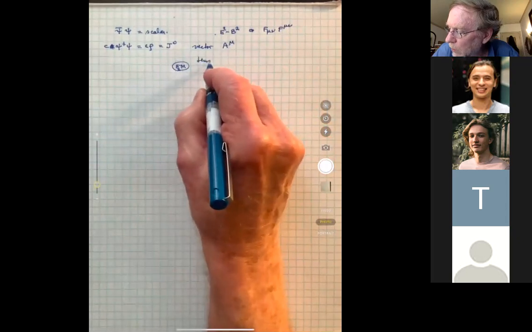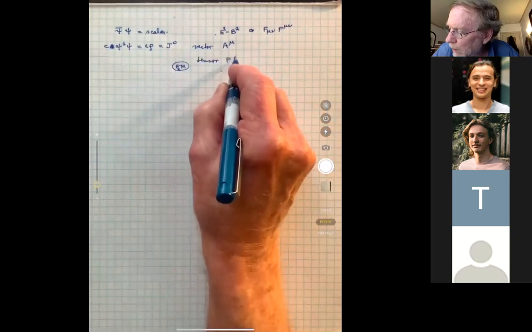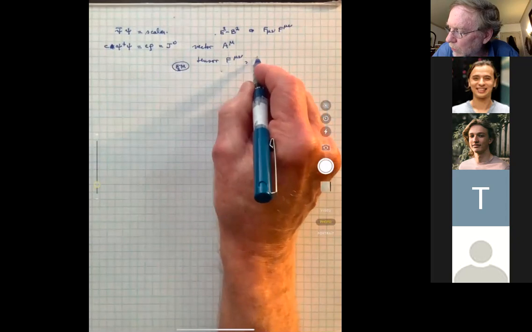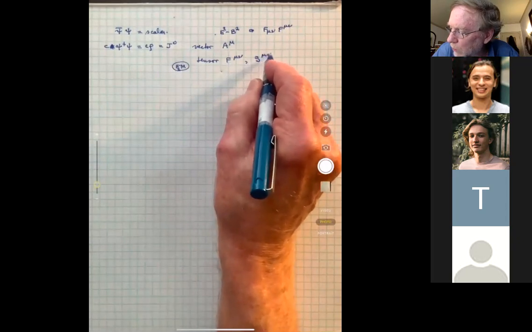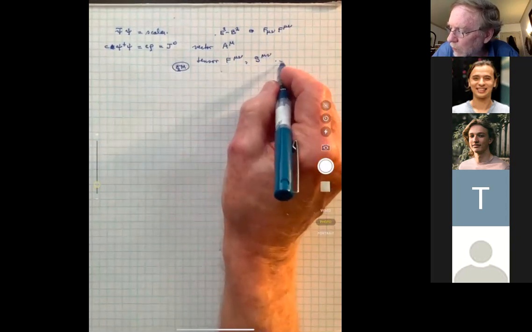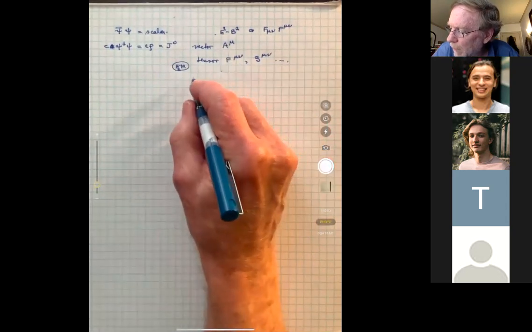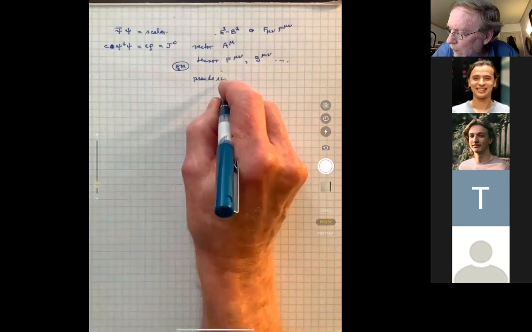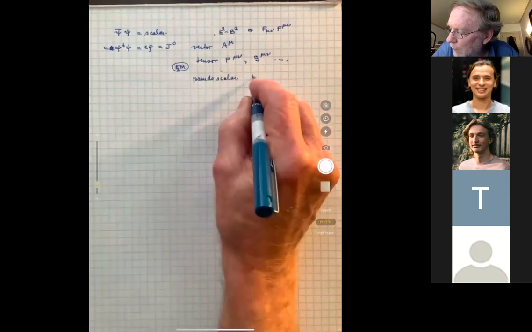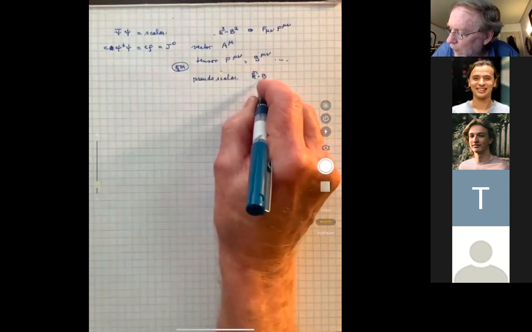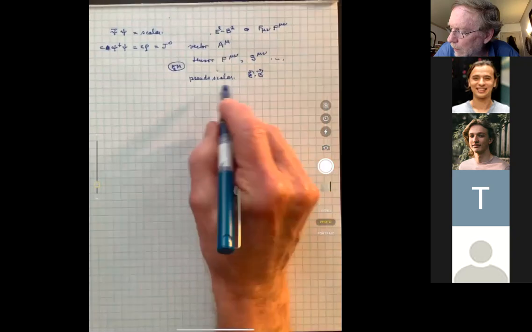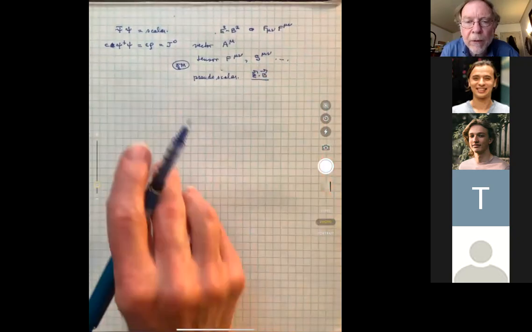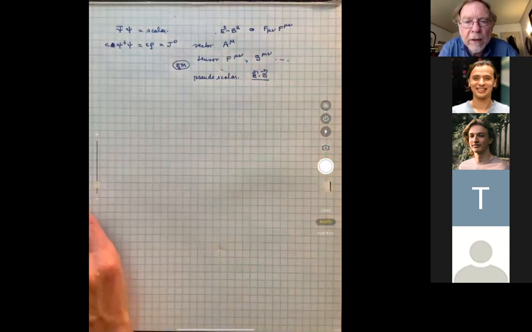We have tensors, such as F mu nu, the antisymmetric field tensor. There's also the stress energy tensor, sometimes called S mu nu, which is symmetric. There are others. We have, by the way, a pseudoscalar in electromagnetic theory, which is E dot B. And this is something that is invariant under proper Lorentz transformations, but changes sign under improper Lorentz transformations.